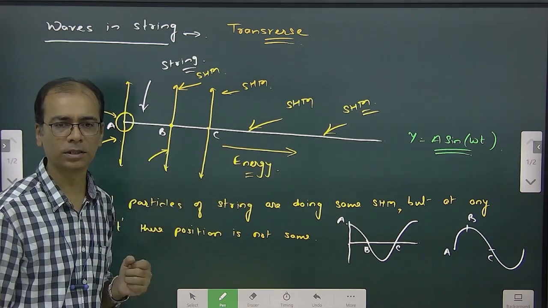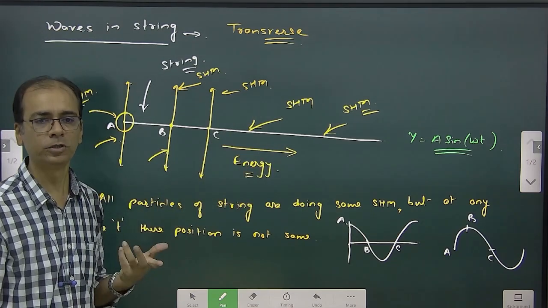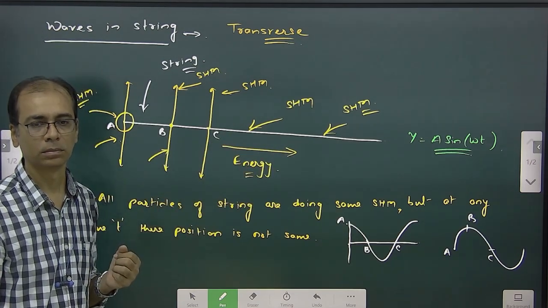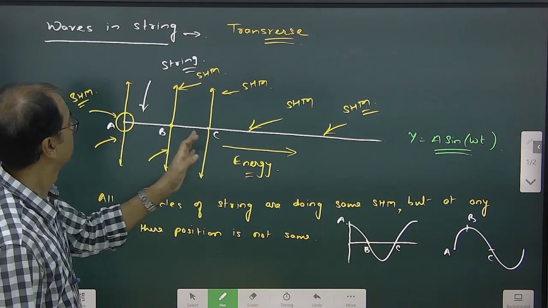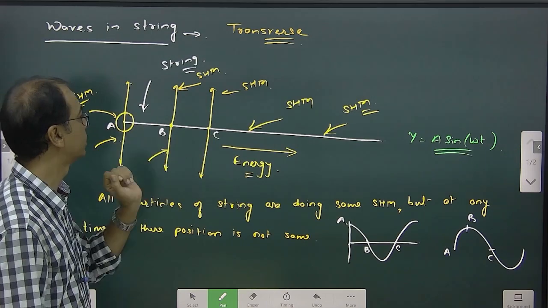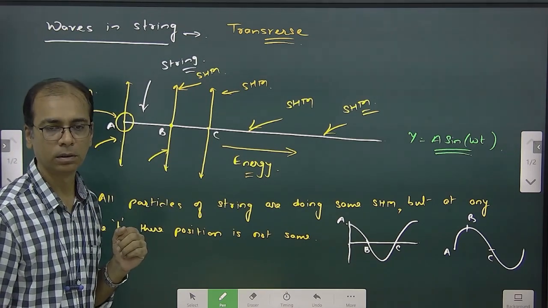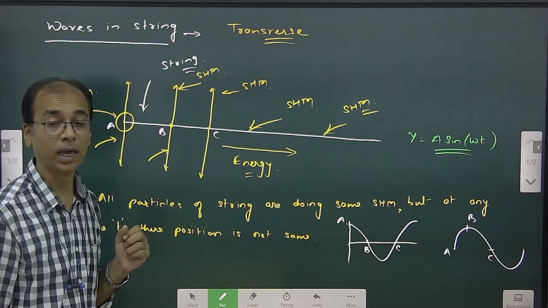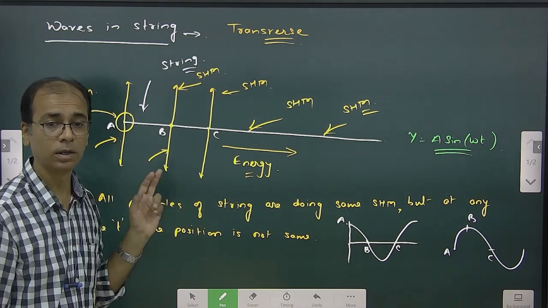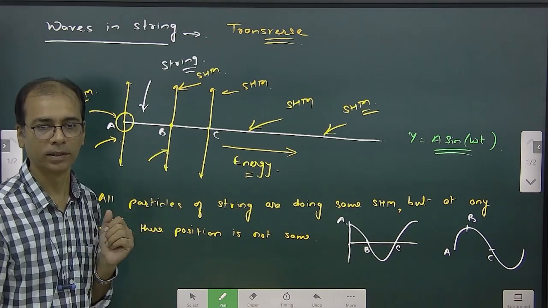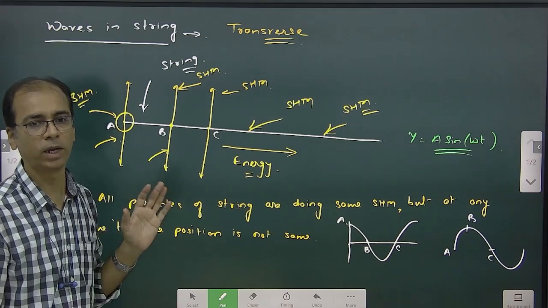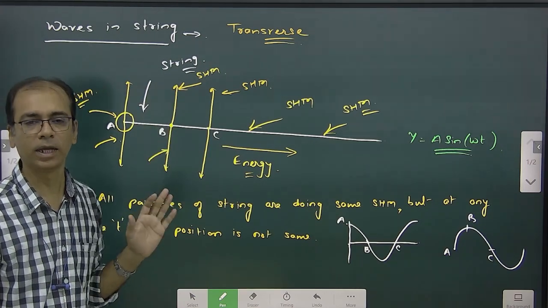Because all are doing SHM. So I have to tell you, let's say, 5 centimeter from the start, what is the position of the particle? That means I have to define x. Then only you can tell me the position of the particle along the y-axis, the direction in which the particle is moving.